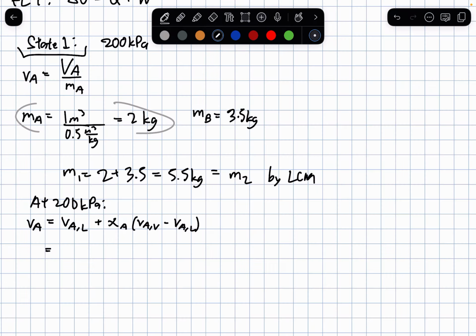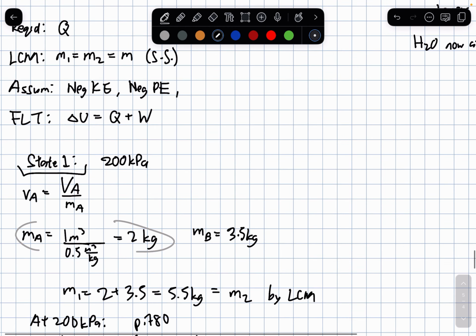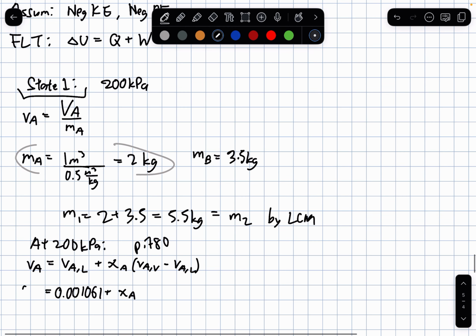Pressure entry for saturated water, 200 kilopascal. Pressure entry 200, page 780 in Sontag. So 0.001061 plus x sub a is what we're looking for. V sub a is what again? 0.5. We'll put that there. What is the vapor?